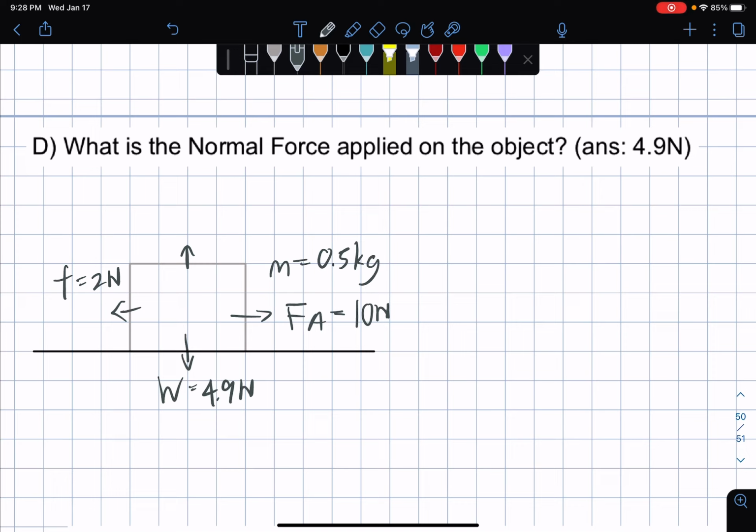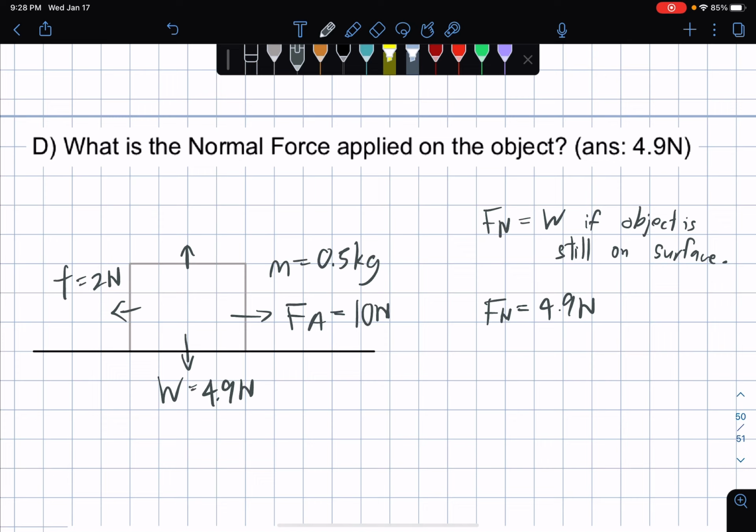The normal force is supposed to be equal to the weight, if it's just lying still on the surface. So F of n is equal to 4.9 newtons.